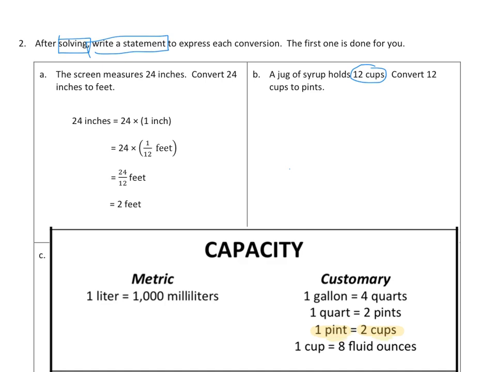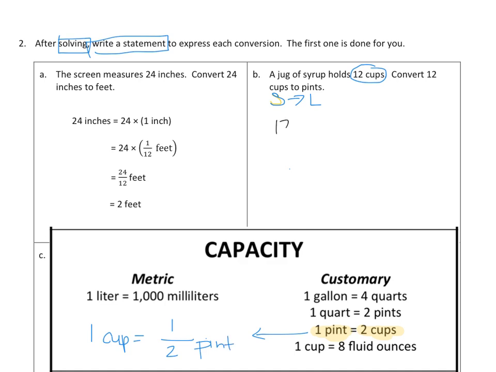But looking at the problem, they want us to go from cups, so that's a smaller measurement, and they want us to go to pints, which is a larger measurement. So 1 pint equals 2 cups, but if we had 1 cup, that's going to be not 2 pints, but it's going to be half of a pint. That's our conversion. So let's go ahead and convert.